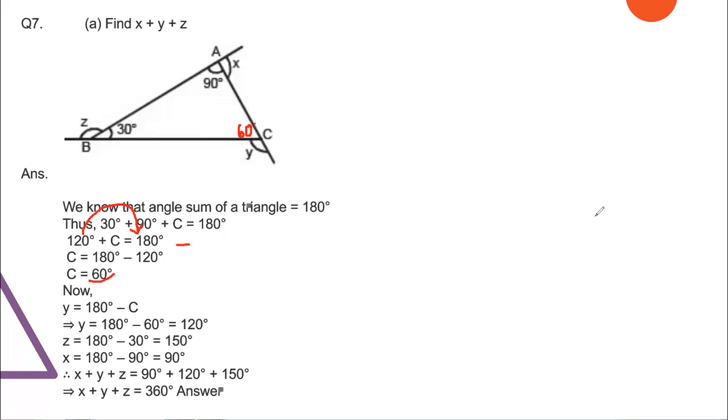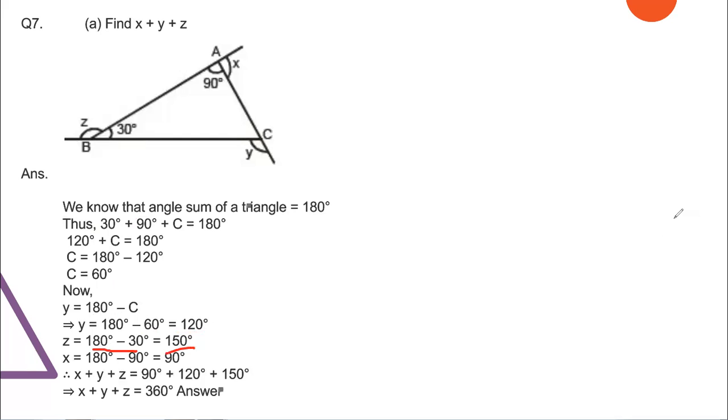So let us move on, guys. To find the value of y, as I told, it is nothing but 180 minus c. So 180 minus 60 is nothing but 120. So the value of y is 120. Let us find the value of z now. z will be equal to 180 minus 30, which is 150.